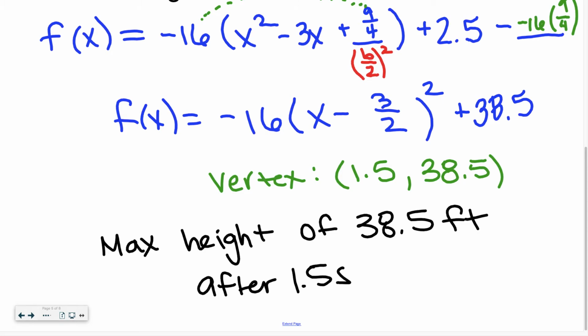Those of you who are familiar with softball, was this one of her great hits or one of my bad hits? Depends on how far it went, right? If I just popped it straight up, it probably wouldn't be great. After 1.5 seconds, it probably went fairly far, I would hope. I've never hit it over the fence.